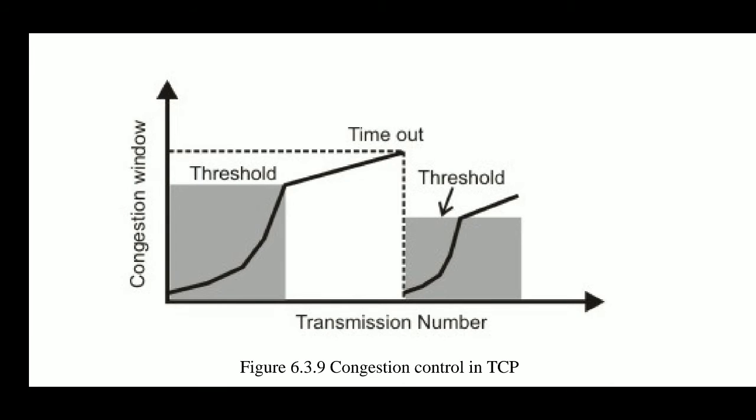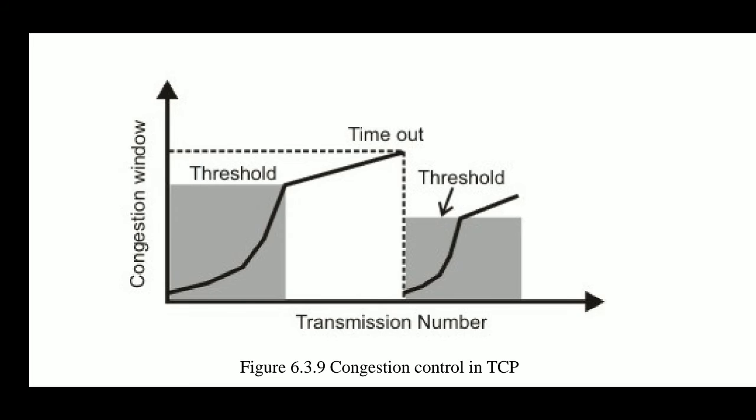To start with, the congestion window size is set to the maximum segment size, and for each segment that is acknowledged, the congestion window size is increased by the maximum segment size until it reaches one half of the allowable window size. Ironically, this is known as slow start.